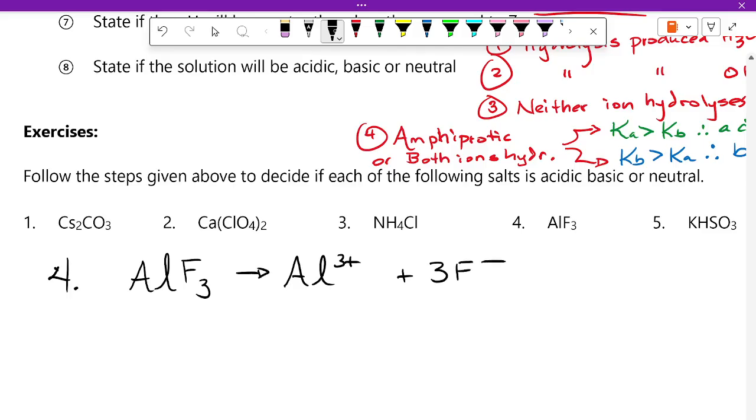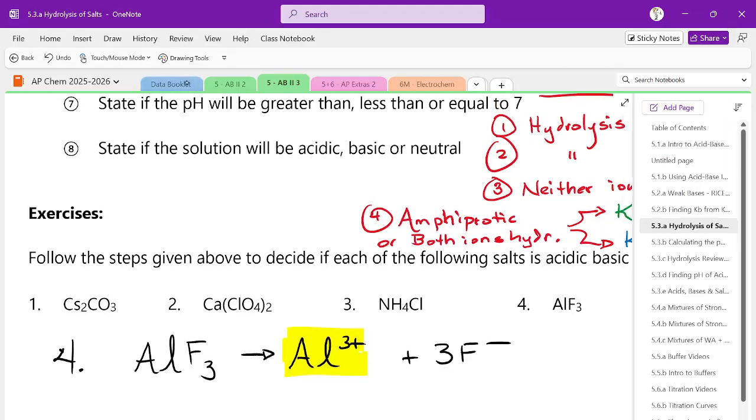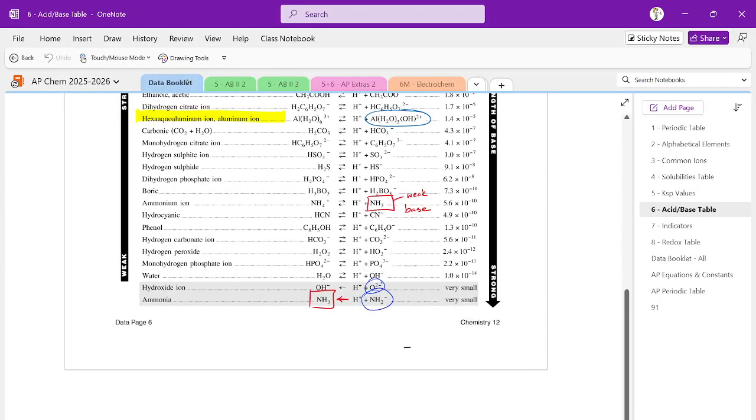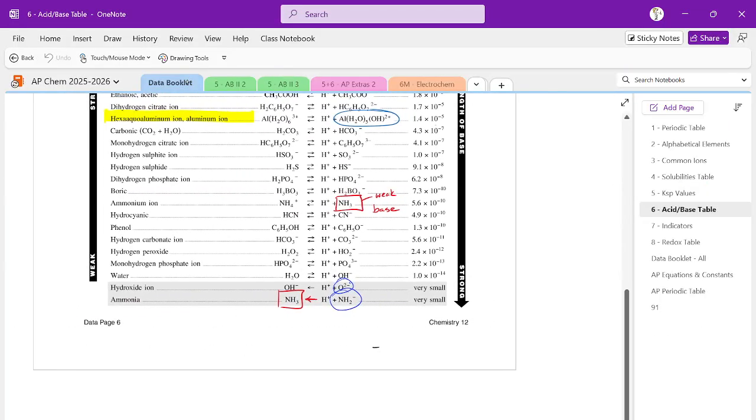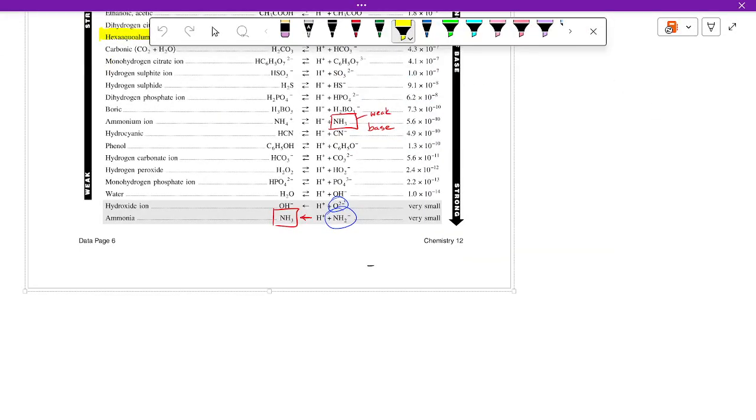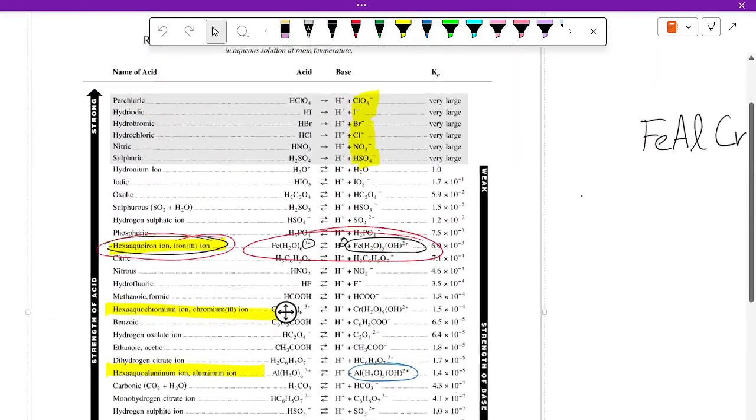When you go to hydrolyze the aluminum, do not just write it as aluminum. Remember, for those weird ones, you need to perhaps go to your data booklet and look for the great big long names.